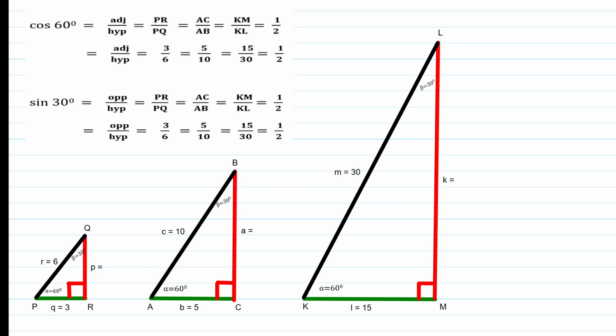In triangle ABC, the ratio would be 5 over 10, which is equivalent to half. In triangle KLM, the ratio would be 15 over 30, which is equivalent to half.